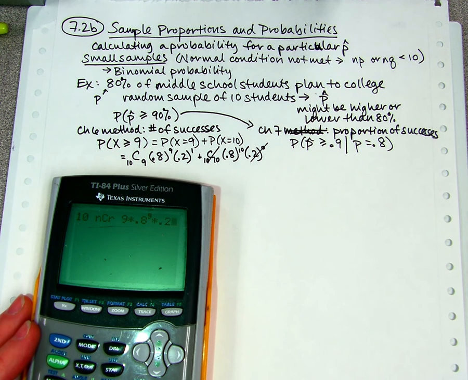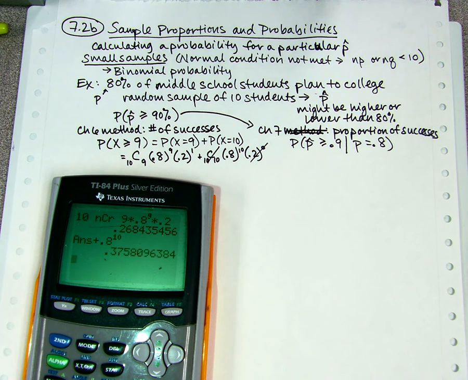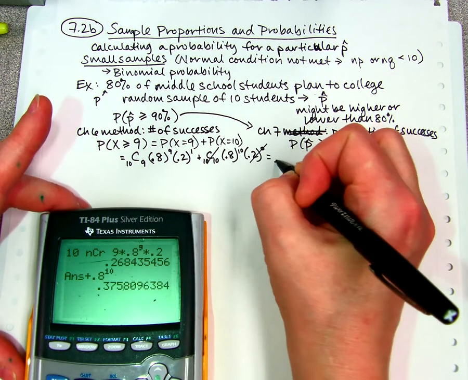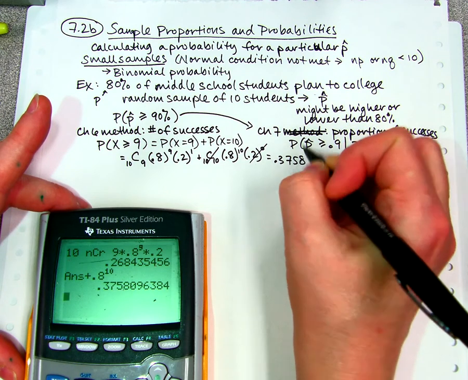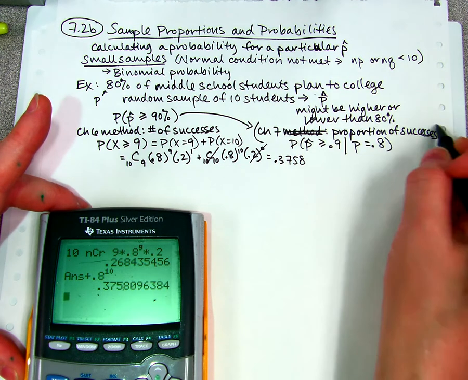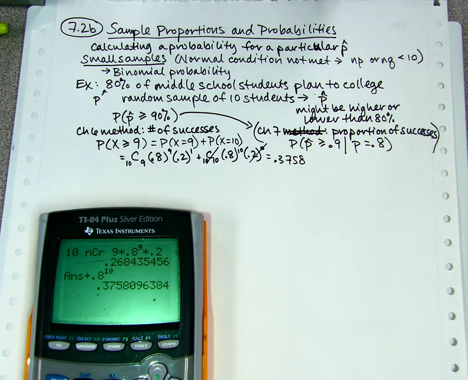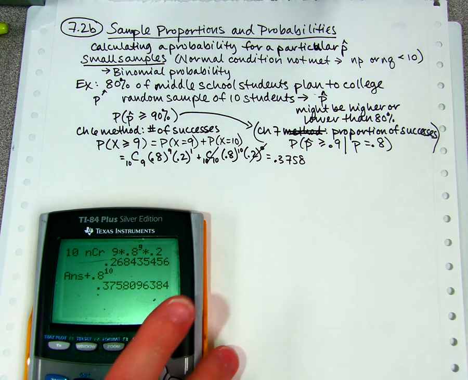I don't have to type the 1, plus 0.8 to the 10th, which is the probability that all 10 of them say yes. And I got 0.3758. I'm going to put this in parentheses because we're thinking this, but we're actually doing a chapter 6 problem. All right, you could have done it that way.